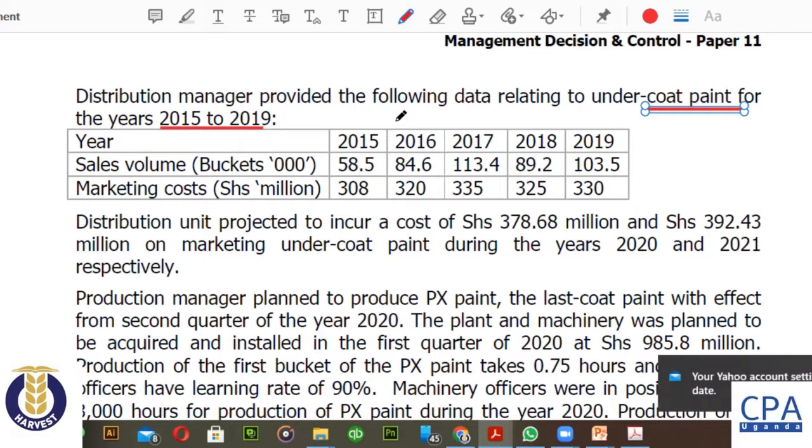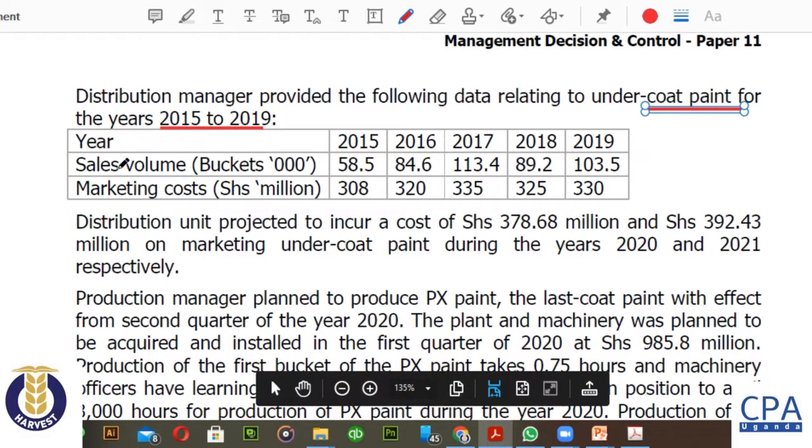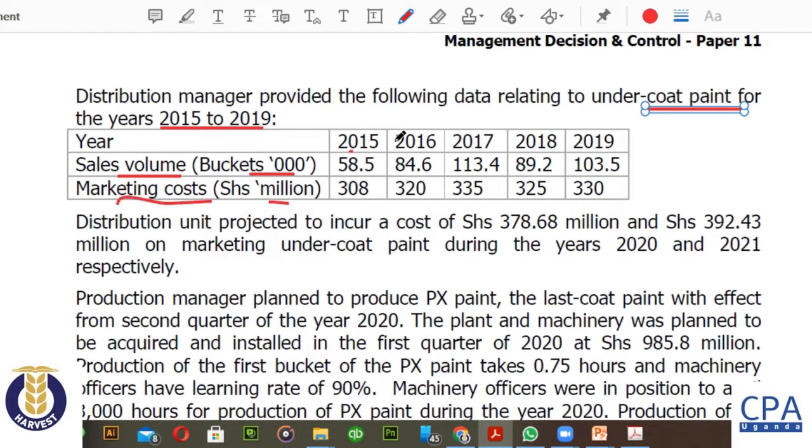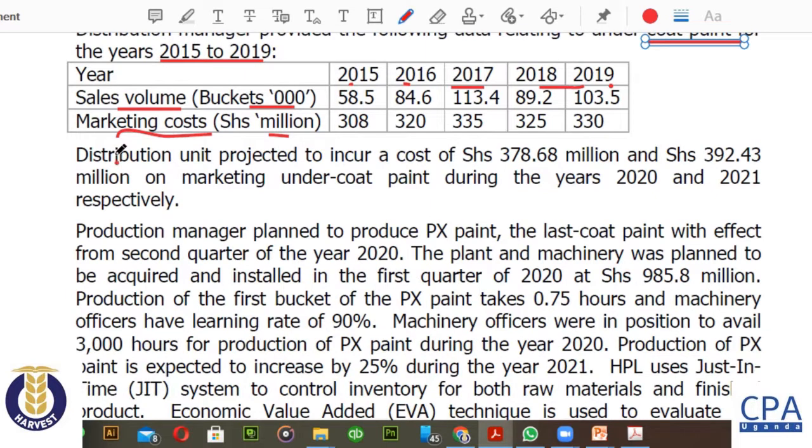2015-2019. So they give us figures for the sales volume, buckets in thousands, and marketing costs, shillings, for 15, 16, 17, 18, and 19. The distribution unit is projected to incur a cost of 378.6 million and 392.43 million on marketing undercoat paint during the years 2020 and 2021 respectively.